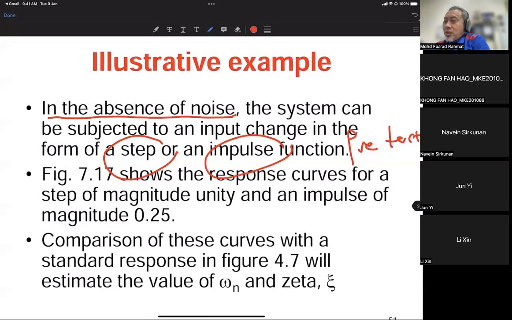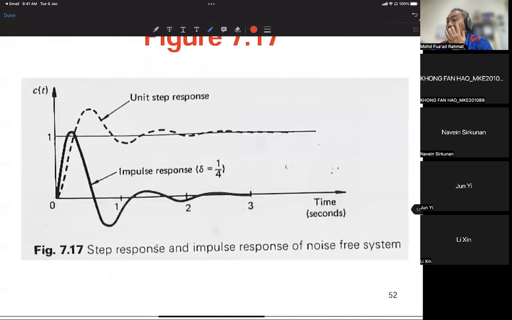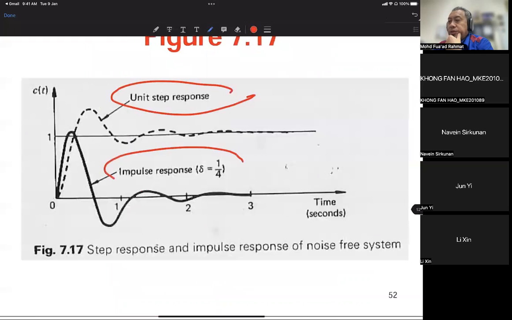When we do this pre-test, the response curve for the step magnitude unity and the impulse with magnitude 0.25 is here. This is the unit step response, the dotted line, and this is the impulse response, which is delta equal to 0.25.